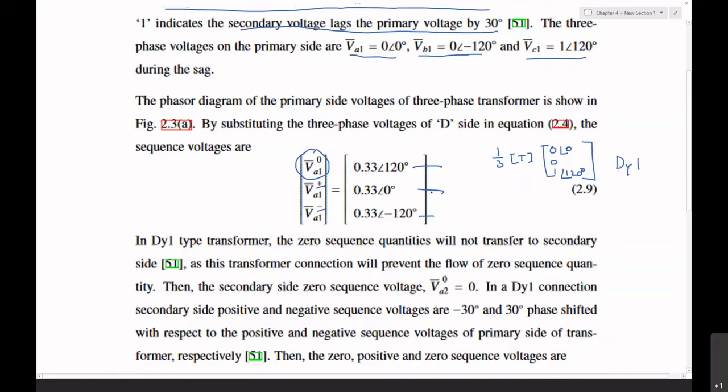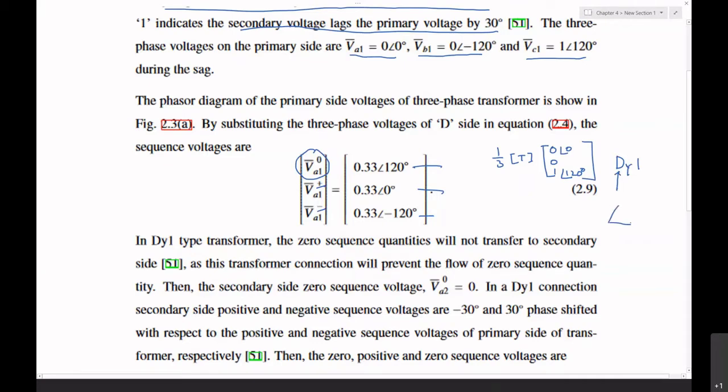First thing is, it is not a grounded system, and the primary is a delta connection. There won't be transformation of the zero sequence voltage from the primary to the secondary, because there is no path to allow the zero sequence component of voltage or even current, since it is a delta connection.